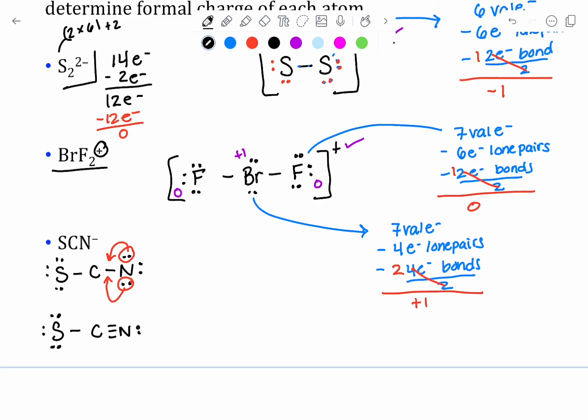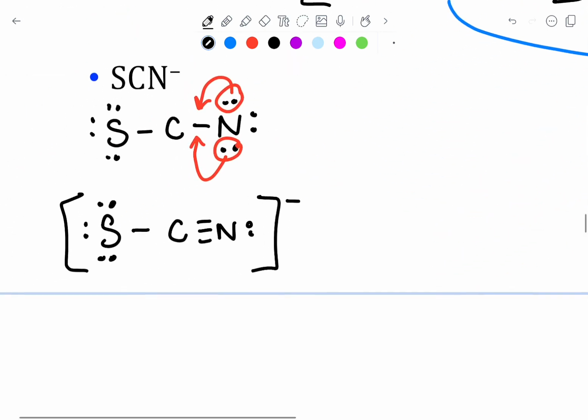Now I chose to do my lone pairs from nitrogen because in my final structure here, oops, I forgot my charge. In my final structure here, my nitrogen has 1 lone pair and 3 bonds, which if you remember from our previous lesson about our rules for specific atoms, nitrogen prefers to have 3 bonds and 1 lone pair.